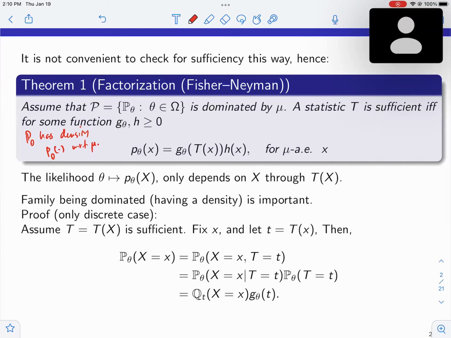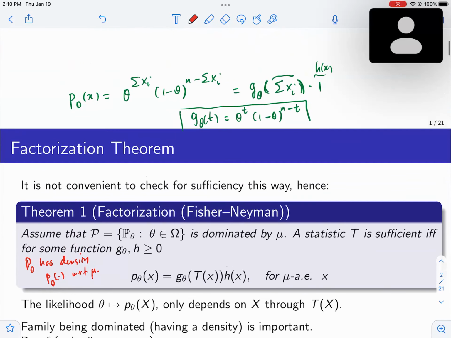Okay, is it clear? So we did a quick little example here. For the Bernoulli case, you write down the joint density, the density of basically this vector. And once you simplify, you can see that this can be written as g theta of the sum.